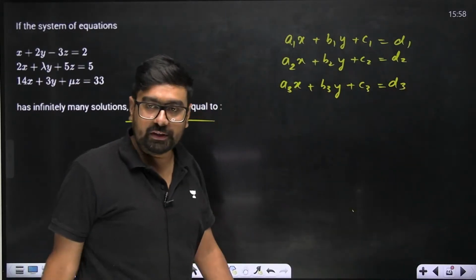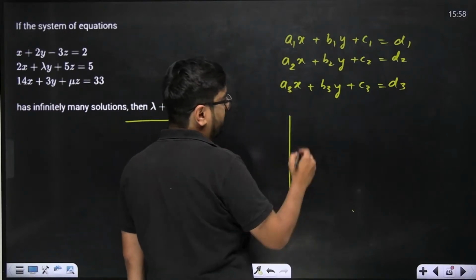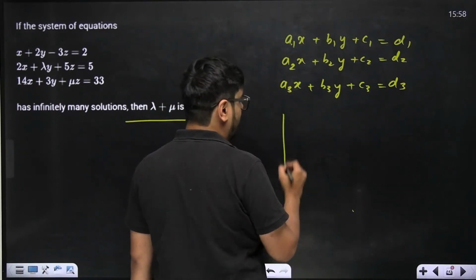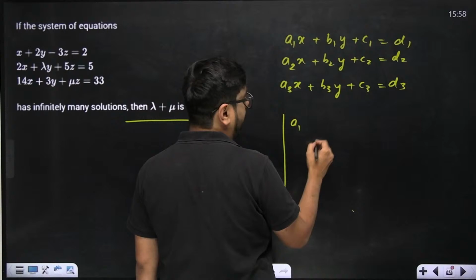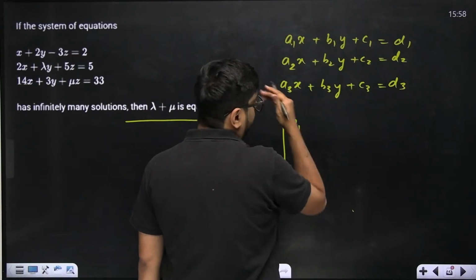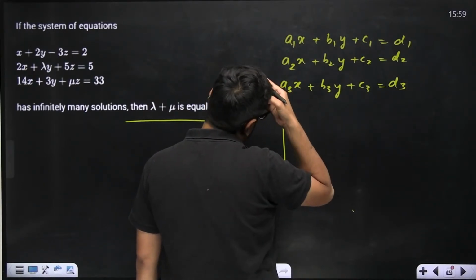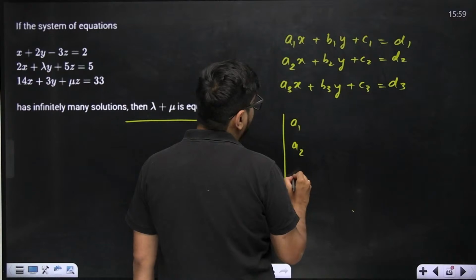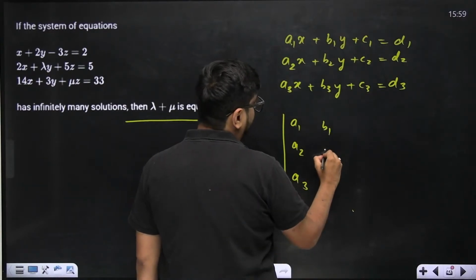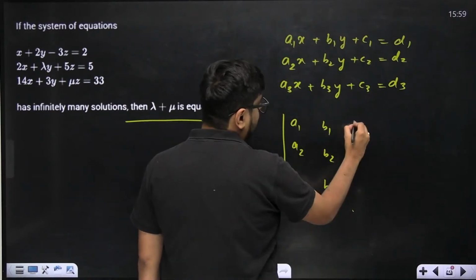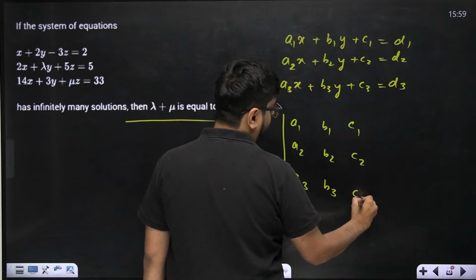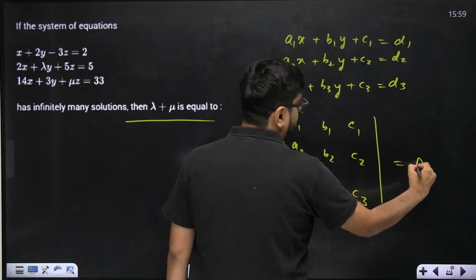These three are your equations. Simply do this. Now the normal method is that this determinant a1 a2 a3, b1 b2 b3, c1 c2 c3. This is called your delta.